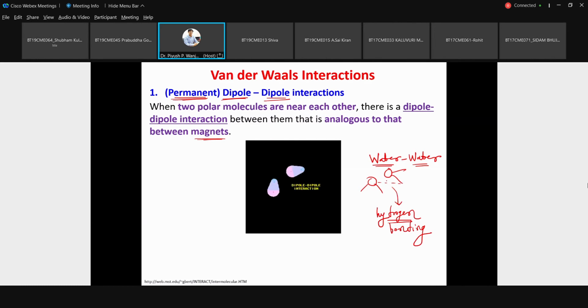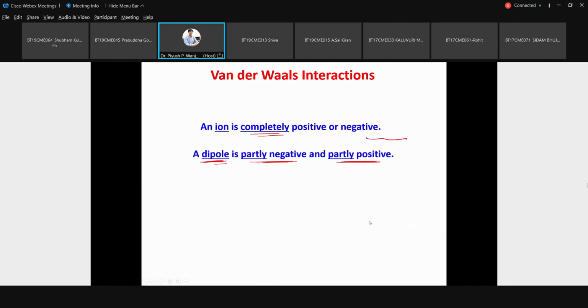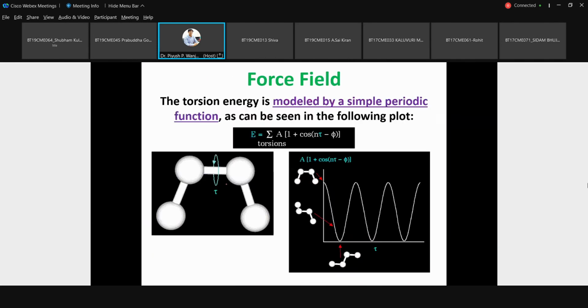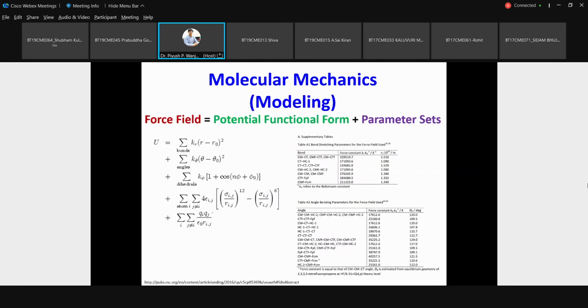So this is nothing but a dipole-dipole interaction. Hydrogen bonding is a special case of van der Waals interaction. Okay. Sometimes people think of it as an electrostatic interaction, because people have defined these things in such a way. In our formula, we do not have any special component for the electrostatic interaction, right? We just take care of those things simply through our epsilon and sigma parameters.